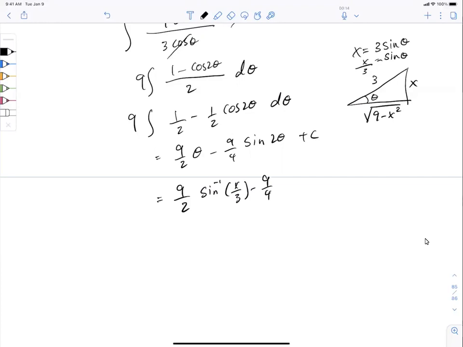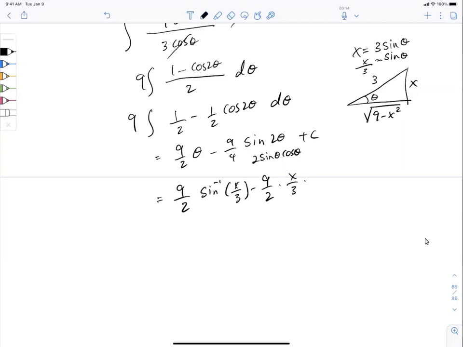Now sine of 2 theta is 2 sine theta cosine theta. The 2 and 9/4 cancel out, giving you 9/2. And sine theta is obviously x over 3.